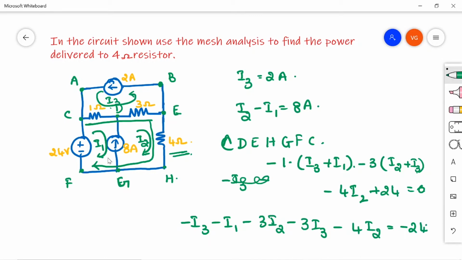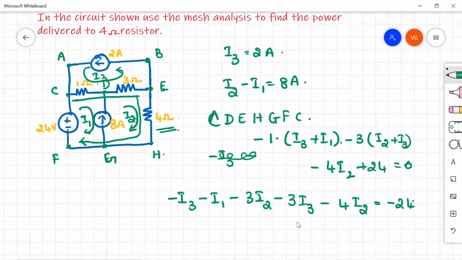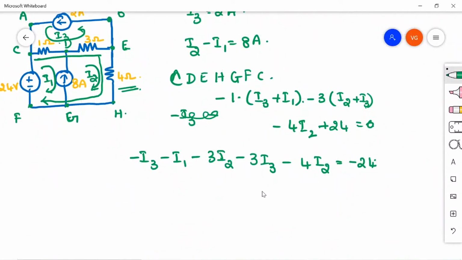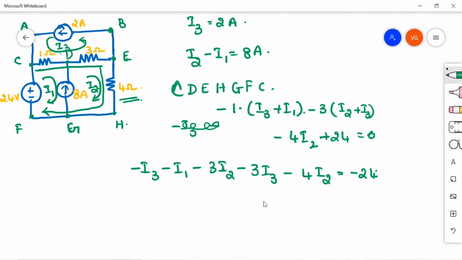But we have that value of I3, we know here, that is 2 amperes, that you just substitute here. And also we know I2 minus I1 is also 8 amperes. So let us put I3 value here. I3 is 2 amperes. So minus 2 minus I1 minus 3I2 here minus 3I3, so that is 6, minus 4I2 is equal to minus 24.